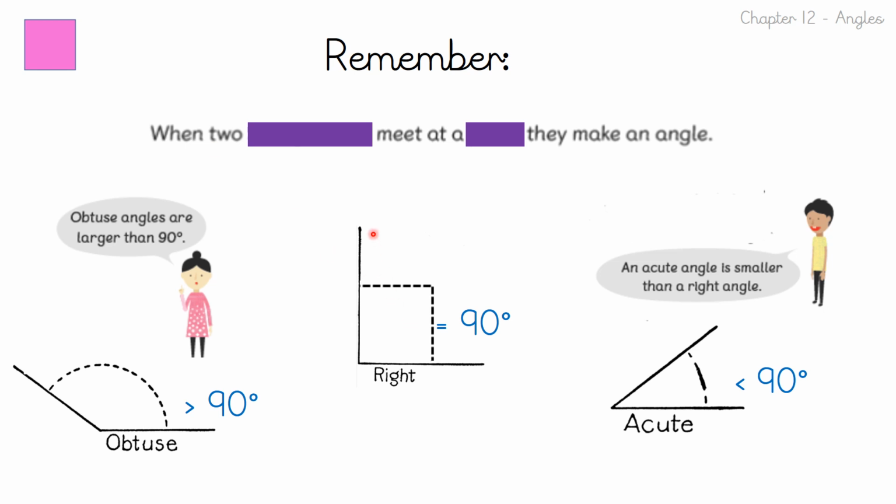So we know the right angles are angles that are 90 degrees. Acute angles are angles that are smaller than a right angle. And obtuse angles are angles that are larger than a right angle. And you can place your right angle tester on top to see the difference.